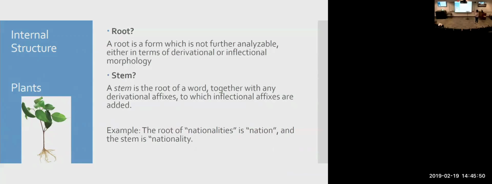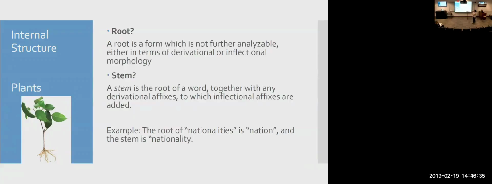But why is it the stem? Because I'm talking about this word, nationalities, with the plural form. Go back to check the definition. Yes, the stem is the root of a word together with the derivational affix -ality, to which the inflectional affix -es is added. Is that clear?